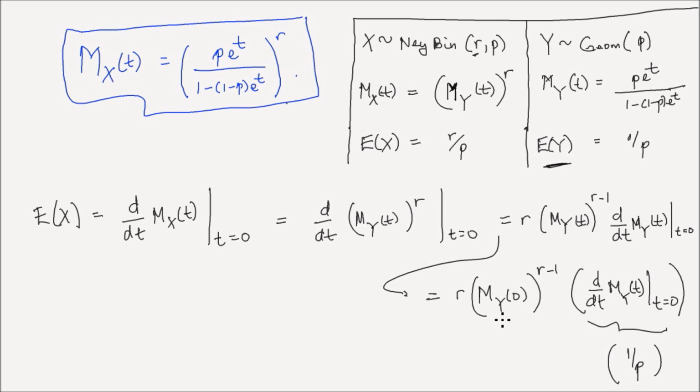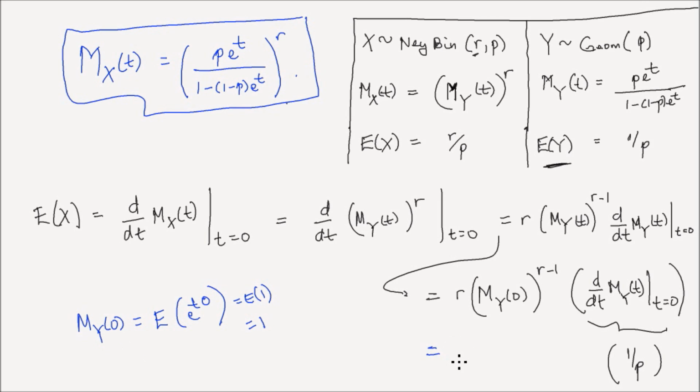But what is this? M_Y(0). M_Y(0) is the expected value of e to the t to the power of 0. But e to the t to the power of 0 is 1. So the expected value of 1 is 1. So M_Y(0) is 1.